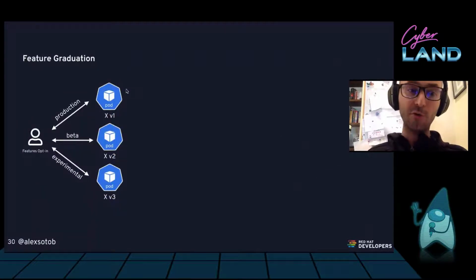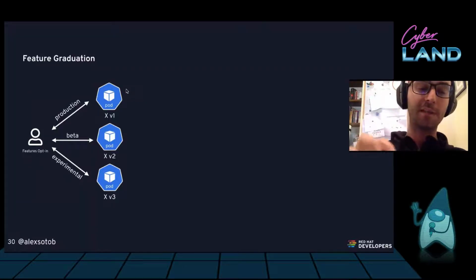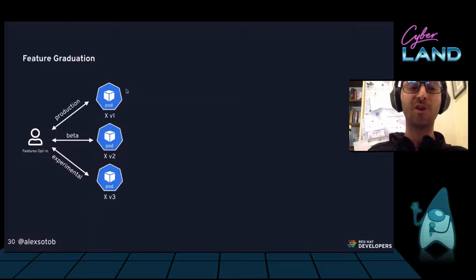Other things that we can do is feature graduation. A feature graduation is something that we use in Red Hat, which allows us to deploy several versions of the same service and let the user decide which service they want to use. For example, they have a combo box where they can choose if they want to use the production-ready features, the beta features, or the experimental features.